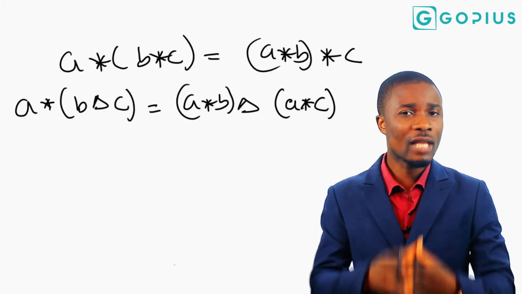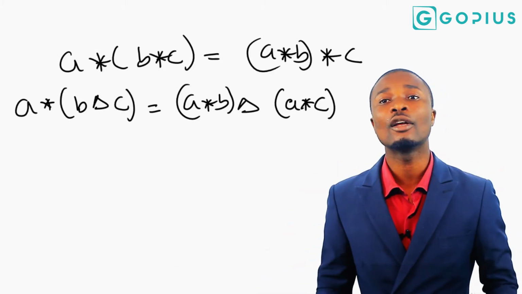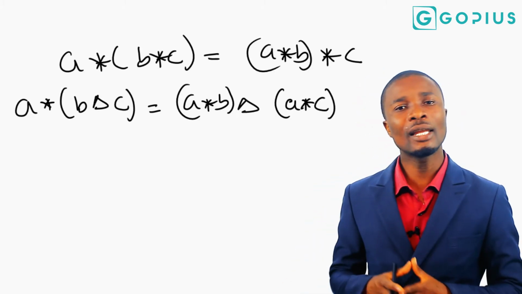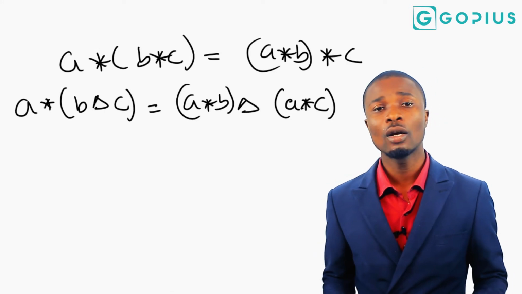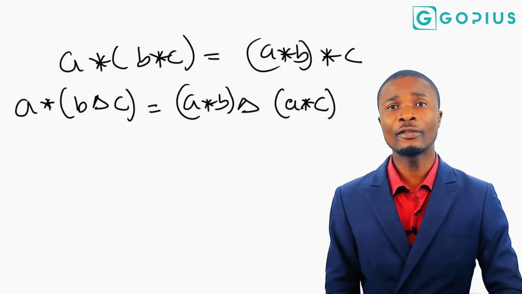That is, the operation star distributes over the operation delta. Don't worry, in the next video we'll be solving a lot of examples and you get to understand what I mean by all of this.